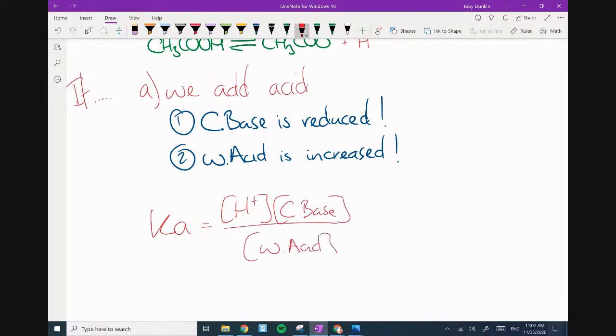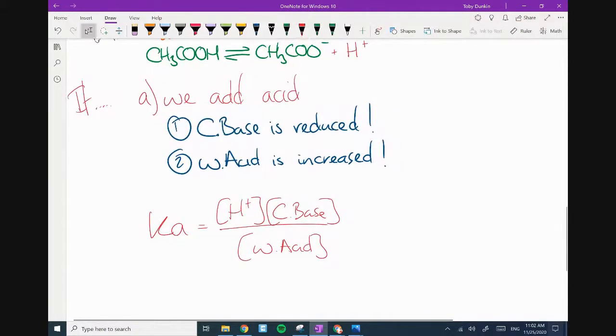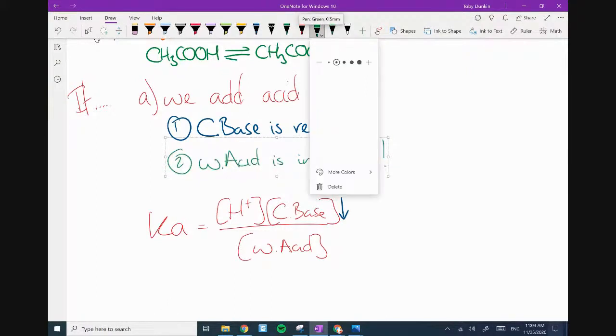If we add acid in here, the conjugate base will drop and the weak acid will climb. I should have color-coded this. Weak acid, let's do it in orange.